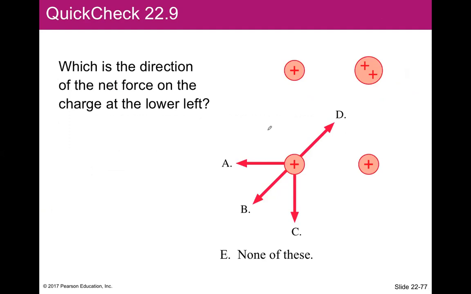Okay, this one, which is the direction? So here we're only talking about the direction. So it's B.